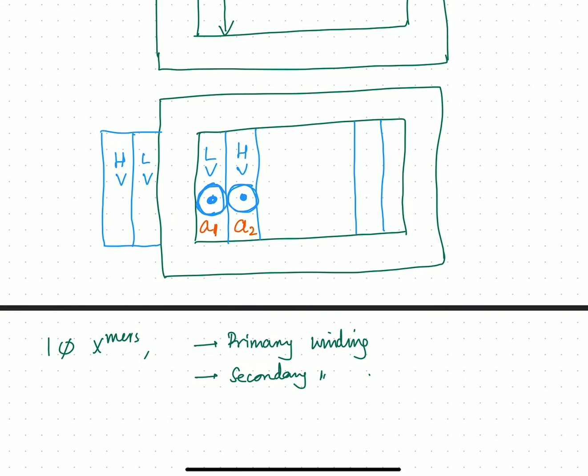So what do we do for that? We know that in single phase transformers there is a primary winding and there is a secondary winding, right? If you look here, let me label this again.